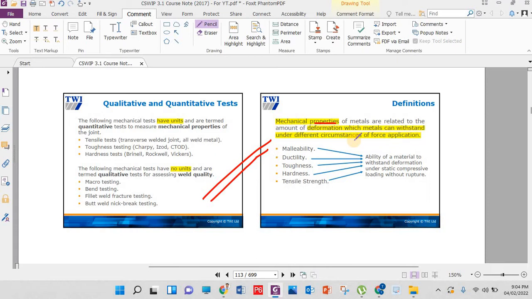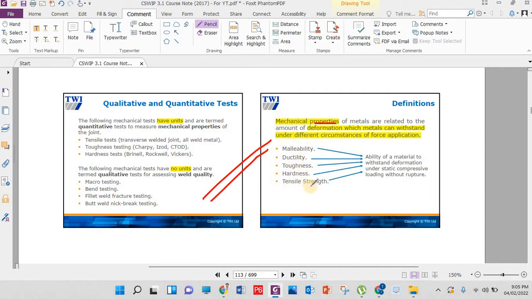These are the stages: first the metal was withstanding my force, then it bent and then broke. So all these properties which resist deformation are known as mechanical properties, which involve malleability, ductility, toughness, hardness, and tensile strength.